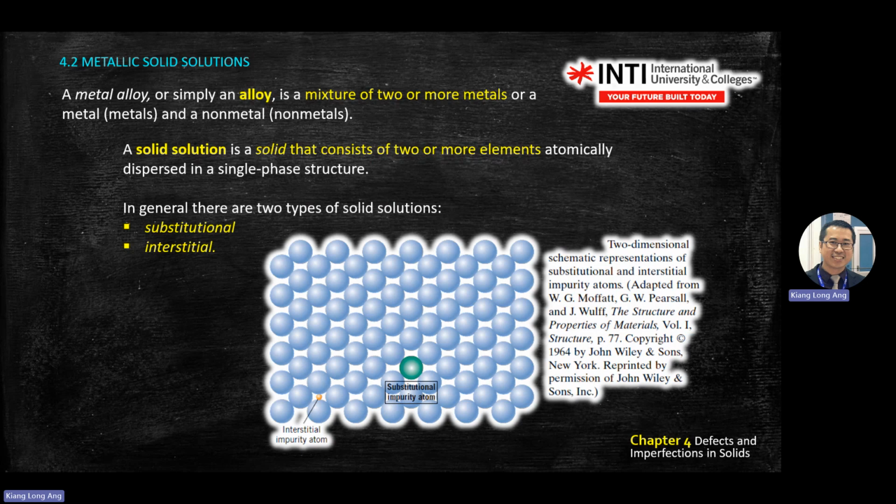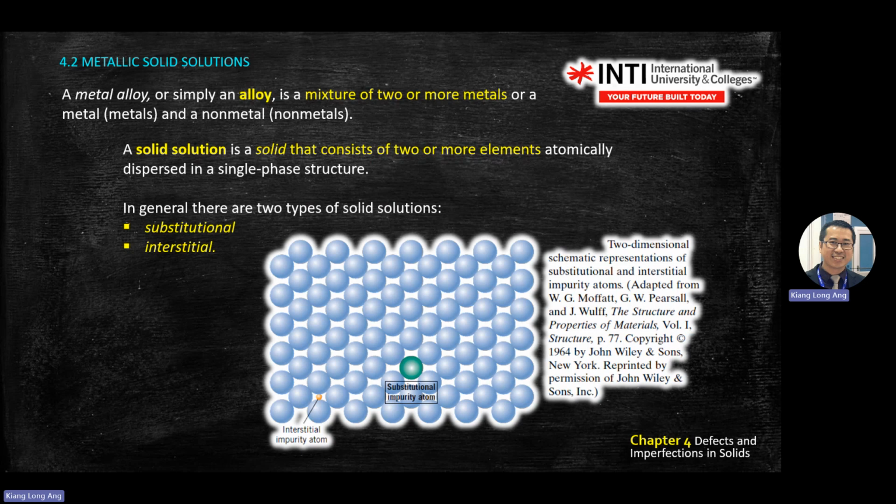There are two ways of making solid solution or strengthening metals: one is substitutional, one is interstitial. If you are using substitutional, the size of the substitutional atoms must be similar to the host. If you are using interstitial, you must carefully calculate the space that you have within the atoms.